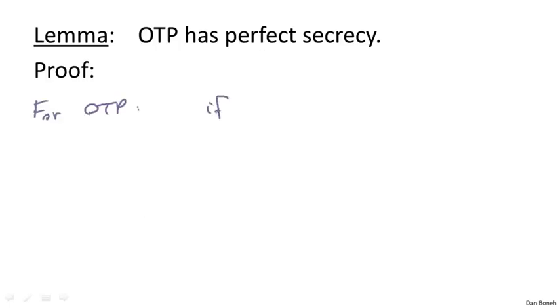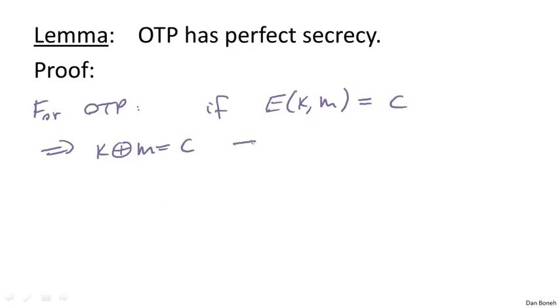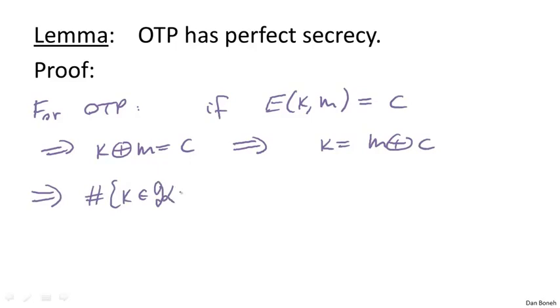For the one-time pad, if we have that the encryption of M under K is equal to C, that basically, by definition, implies that K XOR M is equal to C. But that also simply says that K has to be equal to M XOR C. I just XOR both sides by M, and I get that K must equal M XOR C. So what that says is that for the one-time pad, the number of keys in K such that E(K, M) is equal to C is simply 1, and this holds for all messages and ciphertexts.